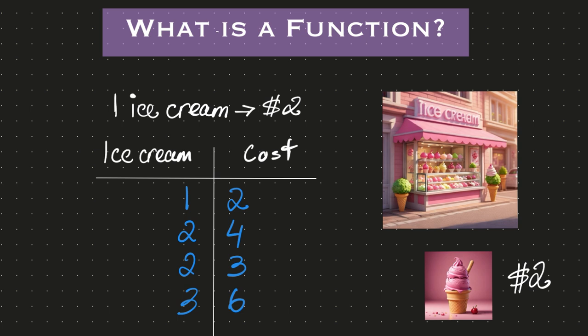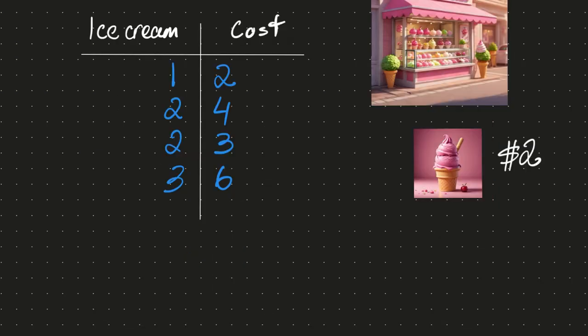You cannot buy the same 2 ice creams and somehow pay 2 different prices. That's the exact moment we say that this is not a function because there's no predictability in price, and we cannot have one input, 2 ice creams, have 2 different outputs, basically paying $4 and $3.